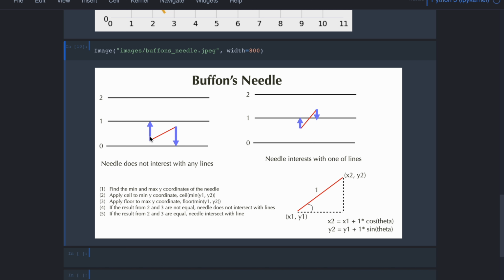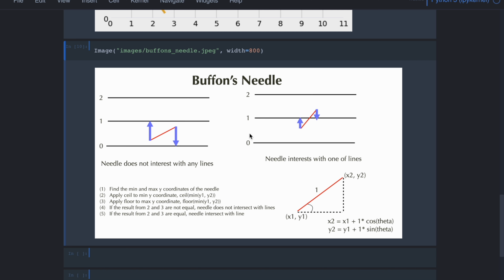In such a case, the needle does not intersect with any of the lines. Whereas in a scenario like this, again we have y1 smaller, y2 larger. We apply ceil to y1, which means we computed a new value equal to 1, and to y2 we have applied the floor, so the value has become 1.